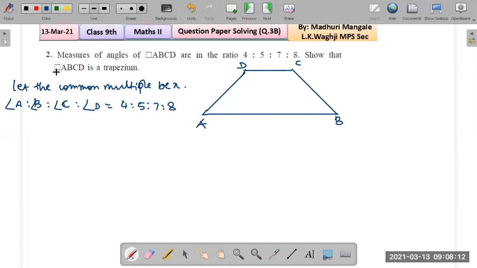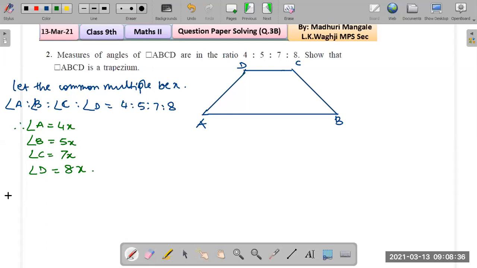And what will be the next step? Once we say that there is a common multiple, therefore we can say angle A equals 4x, angle B equals 5x, angle C equals 7x, and what about angle D? Angle D equals 8x, right? So these are the respective angles.